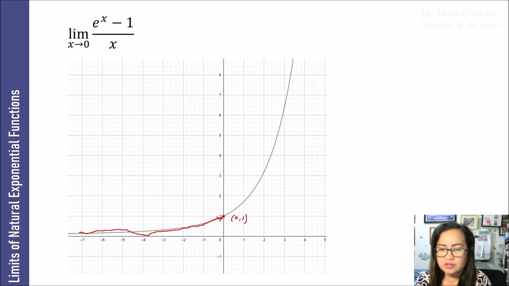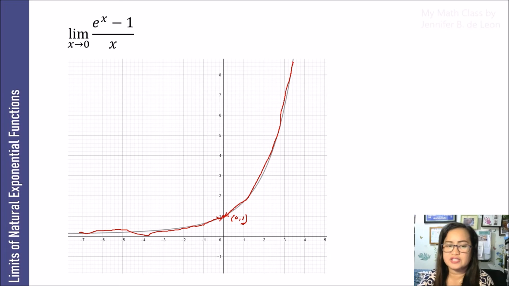Now what if we trace from the other side? That means we are considering values of x which are closer to 0. We can clearly see that it is also approaching 1 as the value of x approaches 0. That confirms our answer a while ago using the tabular method.